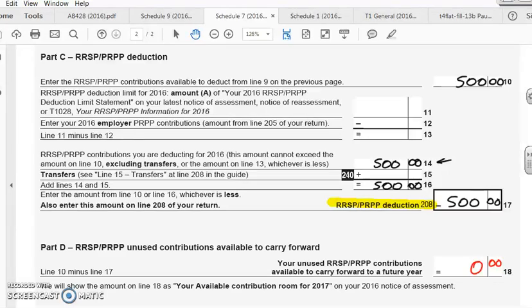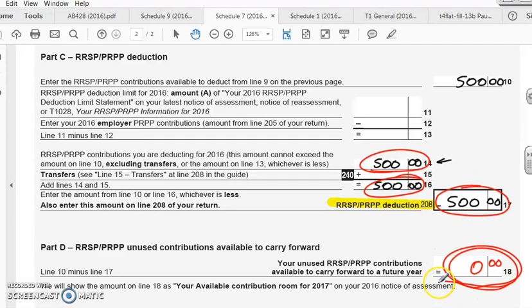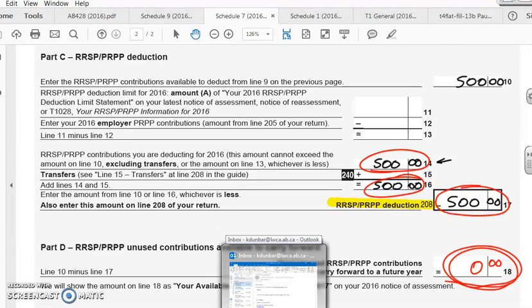Now, if Paul Brown was choosing not to use this, he in fact could enter a 0 in this spot, and thus it would calculate down to 0 and 0 here, and thus this number here, line 18, would be 500, which he could then use in other years to lower his taxes.